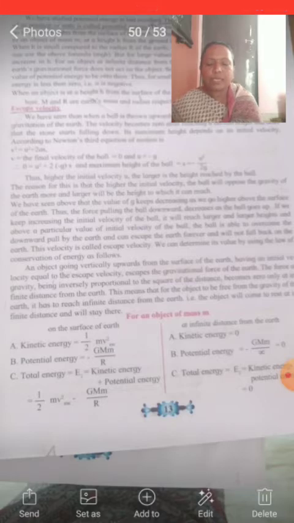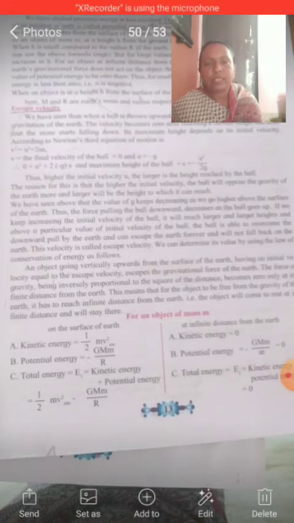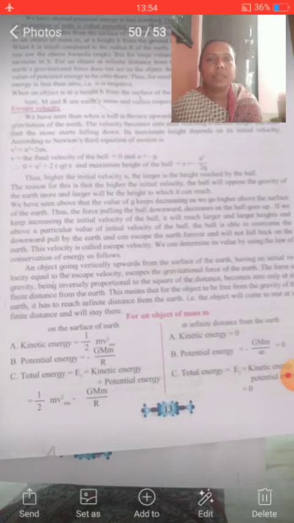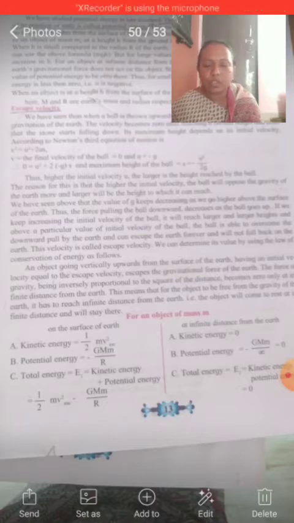An object going vertically upward from the surface of the earth with an initial velocity equal to the escape velocity can oppose the gravitational force and go outside of its effect. It escapes the gravitational force of the earth, and the force of gravity, being inversely proportional to the square of the distance, becomes zero only at infinite distance from the earth.